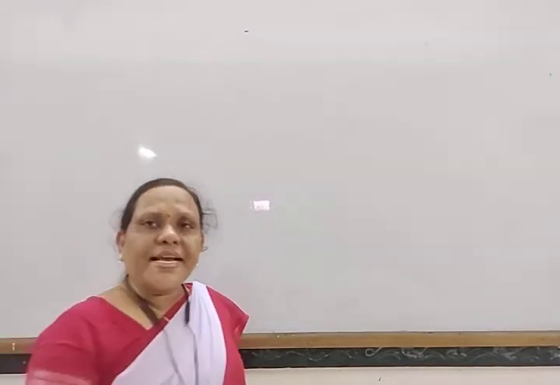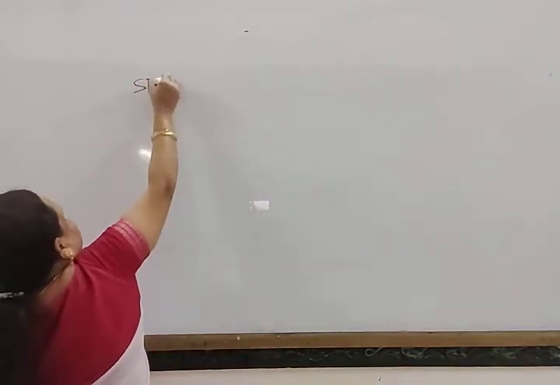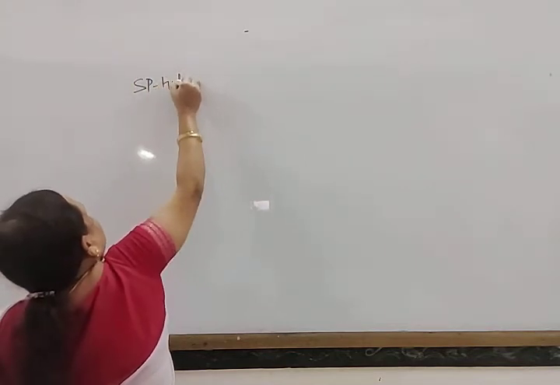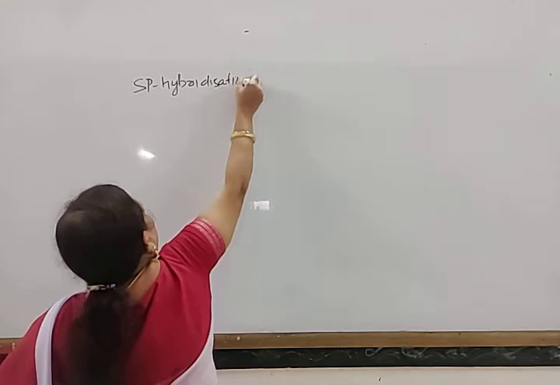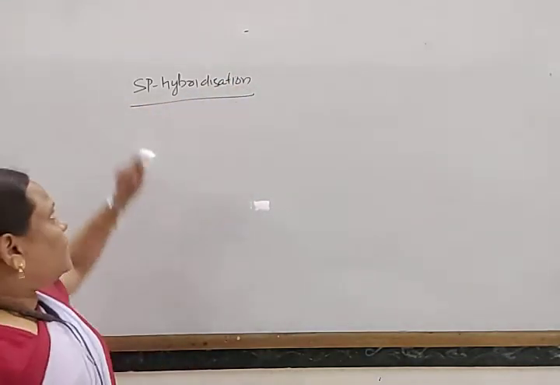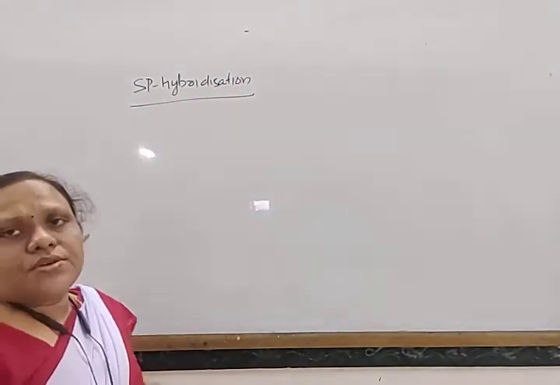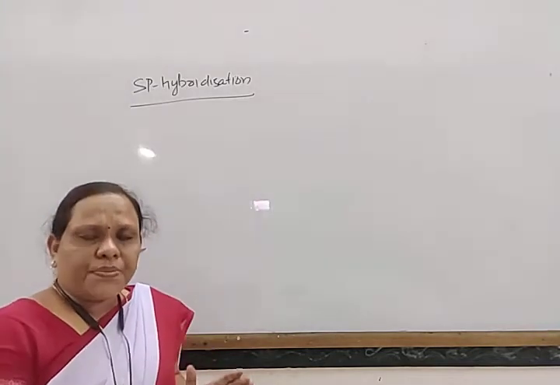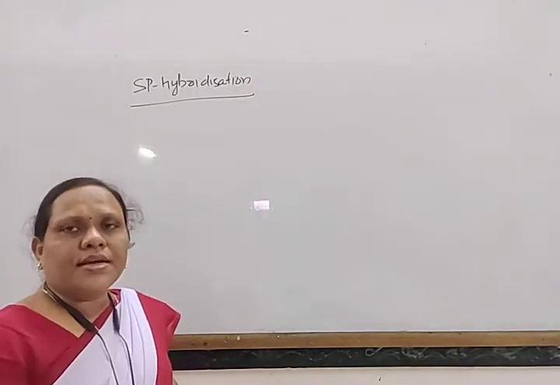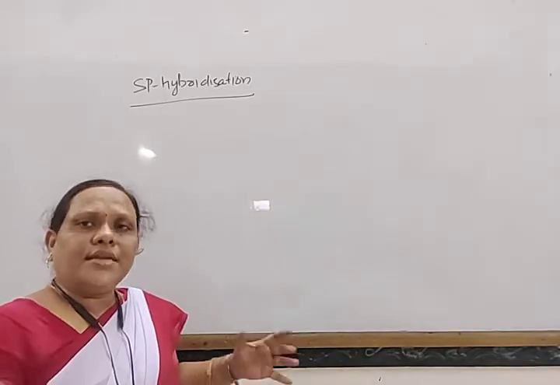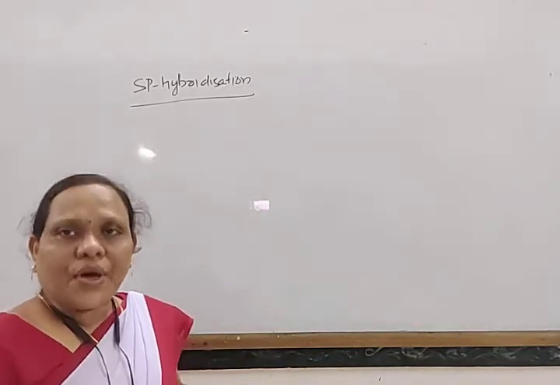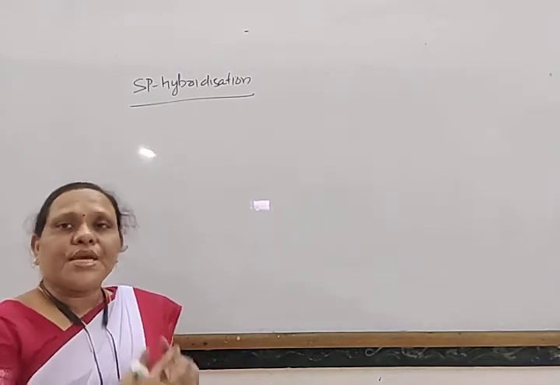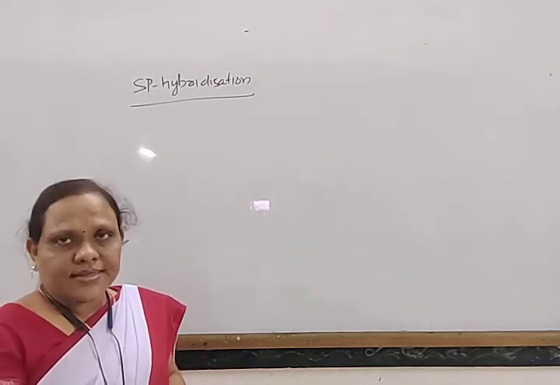Next, come to sp hybridization. As the name suggests, here one s orbital and one p orbital of an atom intermix and give two sp hybrid orbitals which have equal shape and energy.